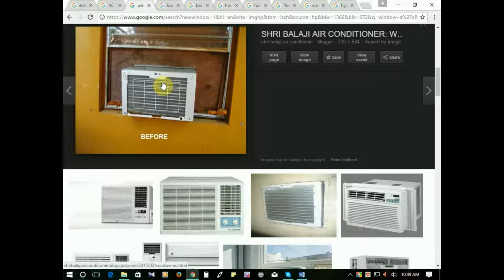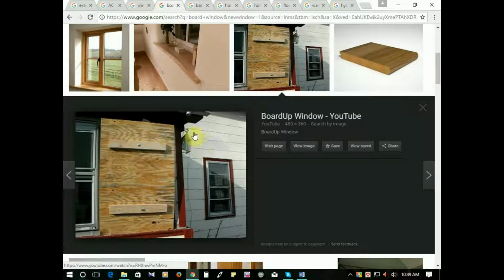To block the opening, first we have to bid to board it. Boarding is to install plywood, usually of 1/2 inch thickness, over the opening, as a temporary measure.